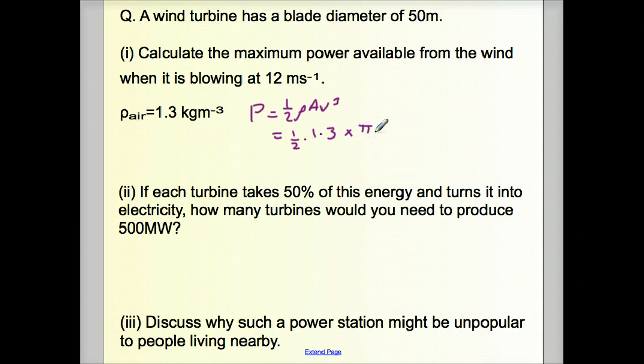So times pi multiplied by the radius, which is going to be 25, squared, multiplied by the velocity of the air cubed, which is 12 cubed.